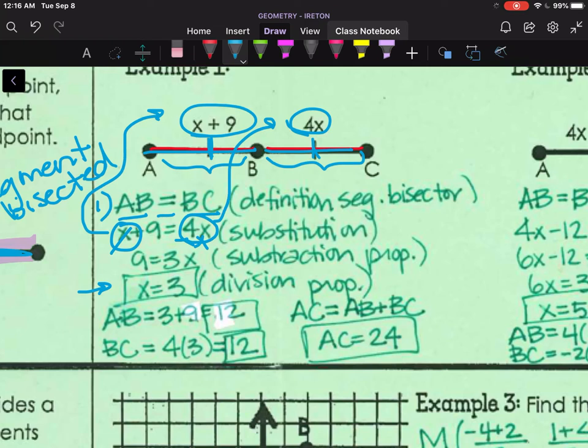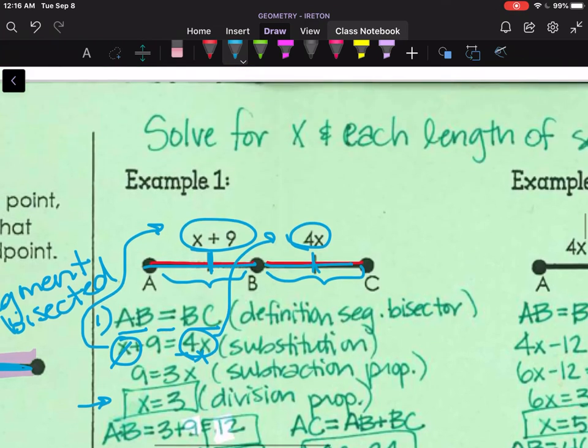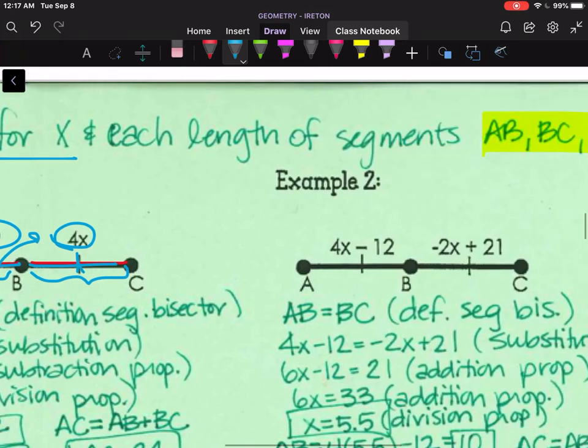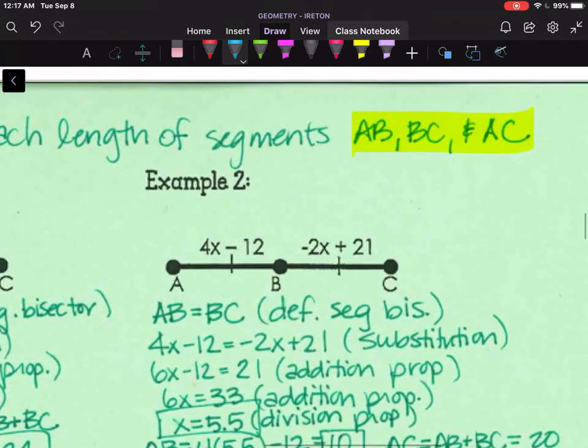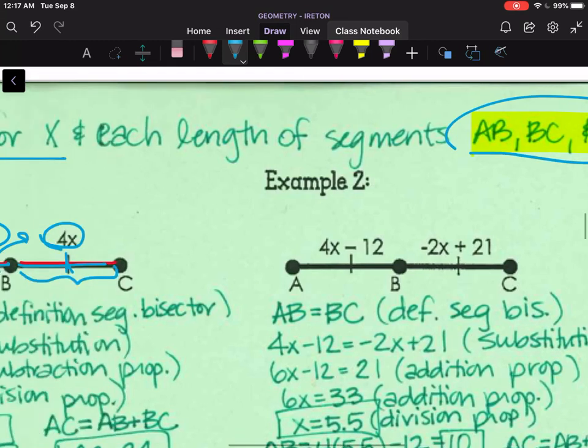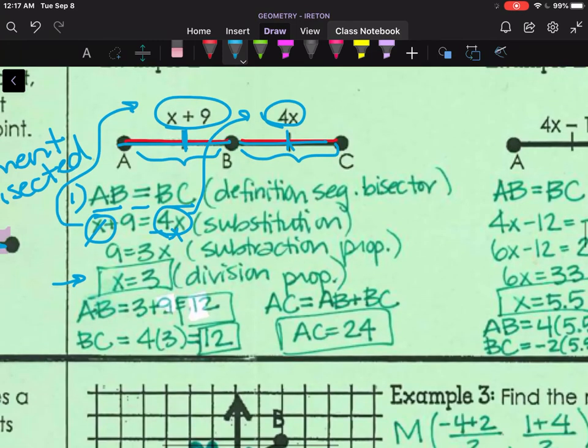Now I'm not done there though, right? The question said solve for x, and actually the very first problem in the exit ticket for this section is a problem just like that. Solve for x, and then it gives you a length of one of the segments it wants. Well, in this case it wants all 3 of the lengths of these segments. So if you stop at x equals 3, you're not going to be done with the problem.